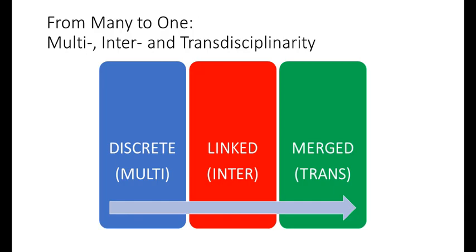Another important trend in the development and emergence of science and technology is the transition from multidiscipline through interdiscipline to transdiscipline structures and relationships between different bodies of science and technology. In multidisciplinarity, each body of knowledge is separate. They may interact, but they are largely separate. The next step was interdisciplinarity, in which they are linked.